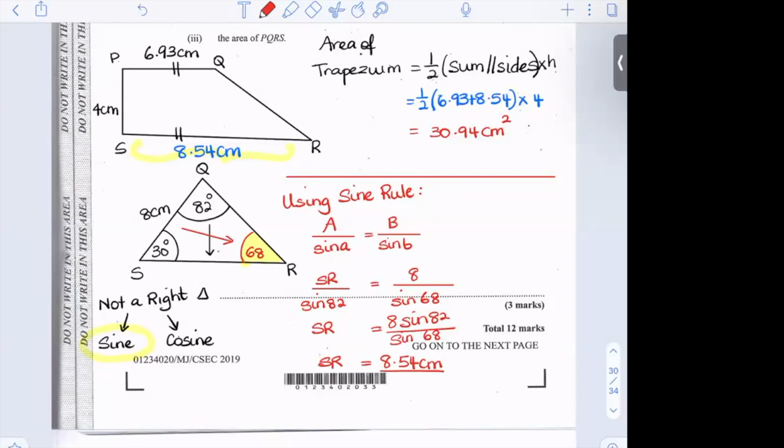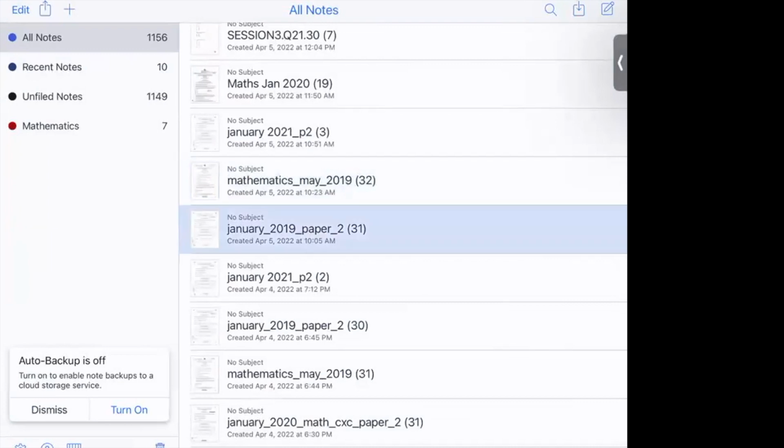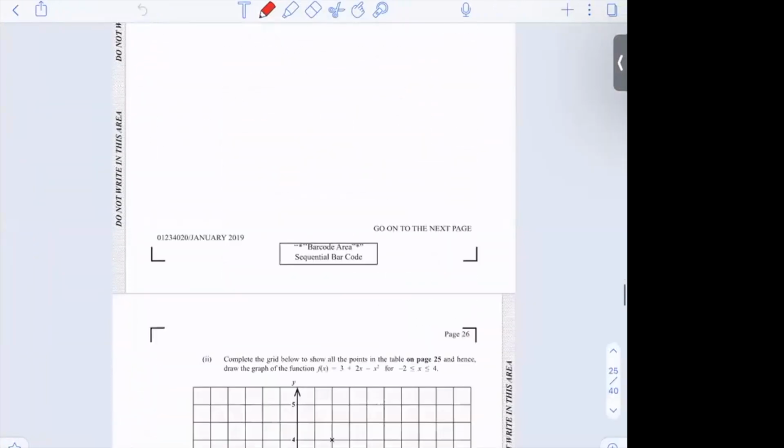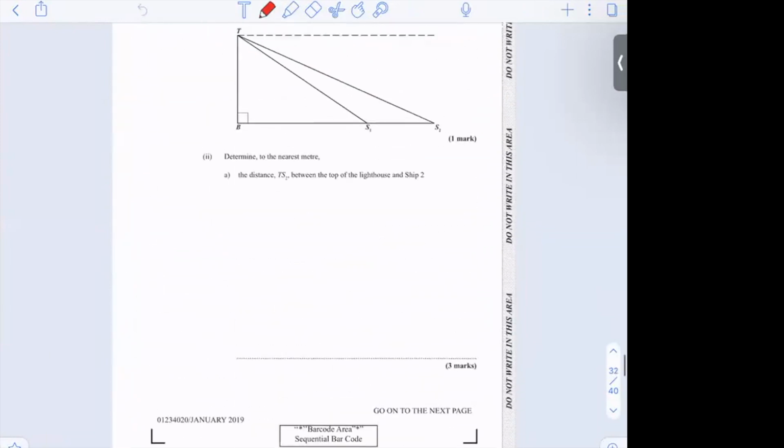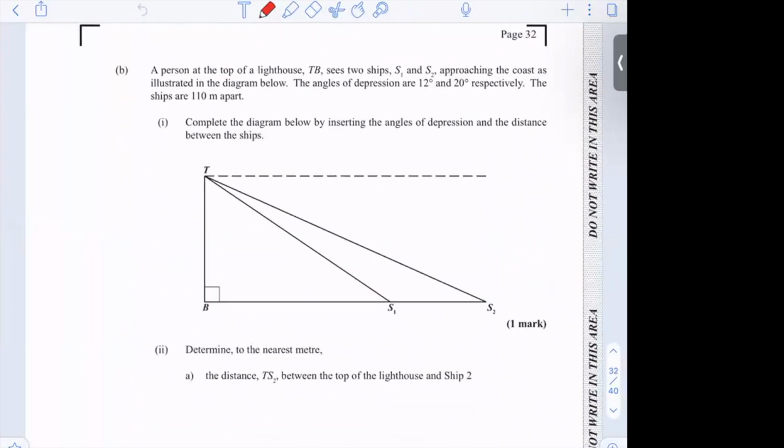All right, find for me January 2019. Tell me what page it is on? Page 30. Yes, ma'am. All right, thank you. Find page 30.